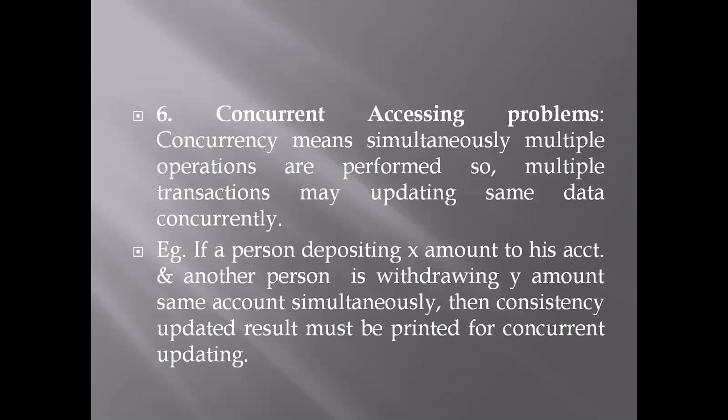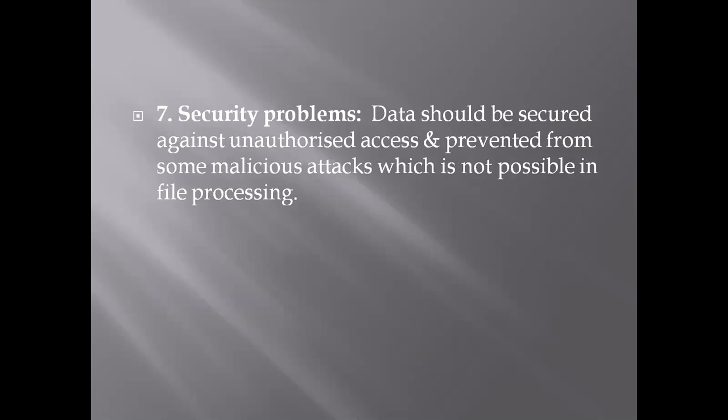Concurrent access problem means multiple transactions are performed at a time. For example, two friends perform the same transaction at the same time. This is called a concurrent access problem. Then the security problem: data should be secure against unauthorized access and malicious attacks, which is not possible in file processing.